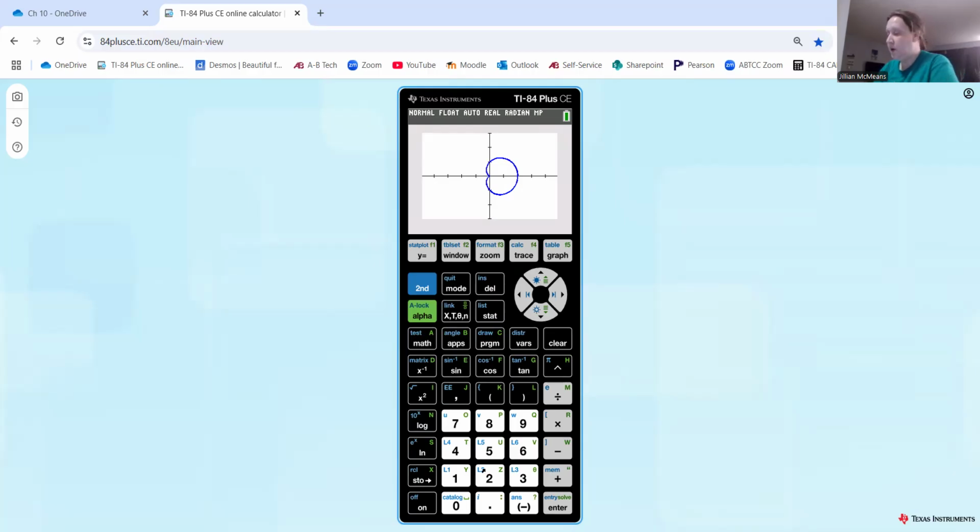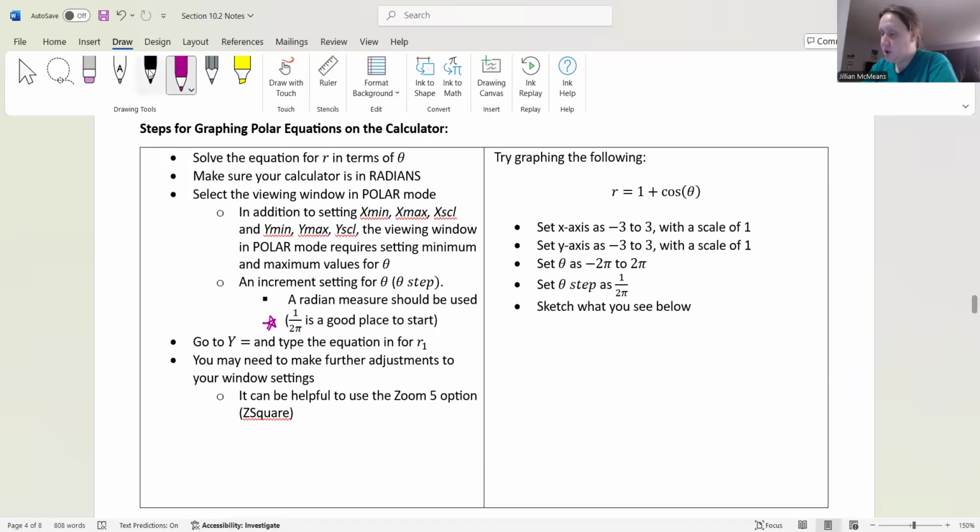And if we go down here, let's sketch. So we had values at 1 and -1 on the y-axis, 2 on the x-axis, and then we had little heart pieces here.